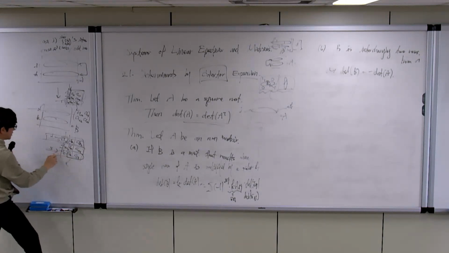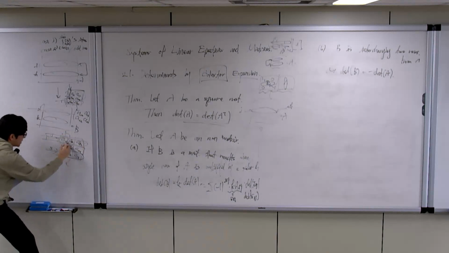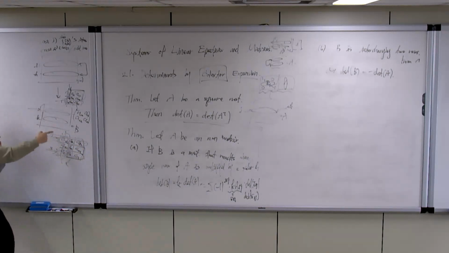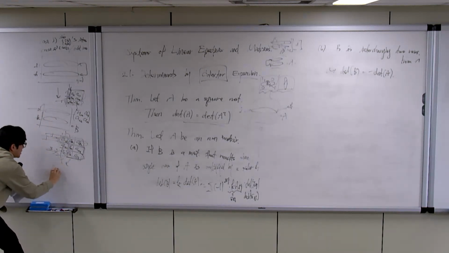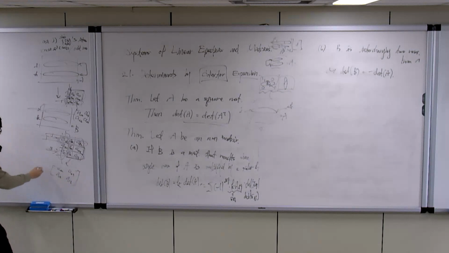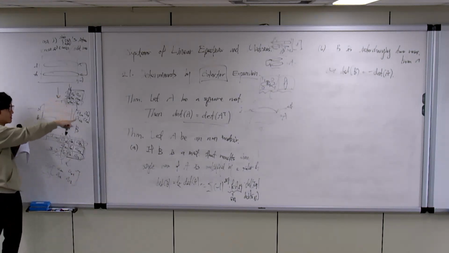When we remove the first row and first column, its minor is A22, A23, A12, A13.